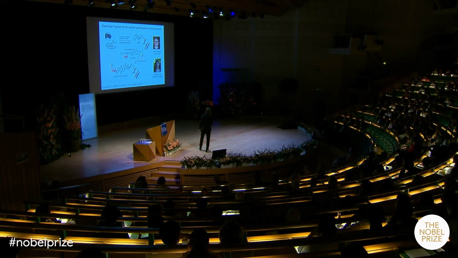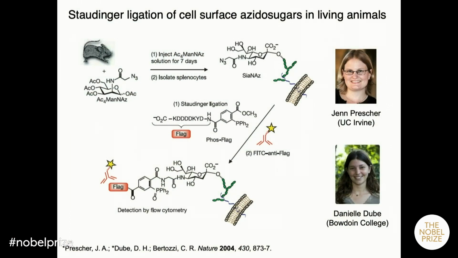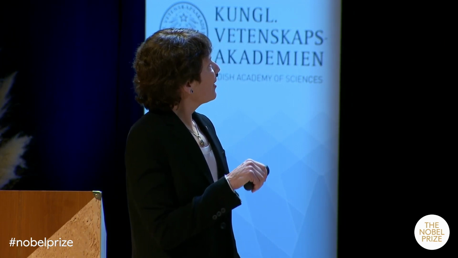And here is an image from this paper they published showing that they could inject into mice azidoacetylmannosamine. It would get metabolized by the cells in the body of the animal, and the azidosialic acid would appear on the surface of those cells. Then, in a second step, they would introduce a phosphine probe set up for the Staudinger ligation.